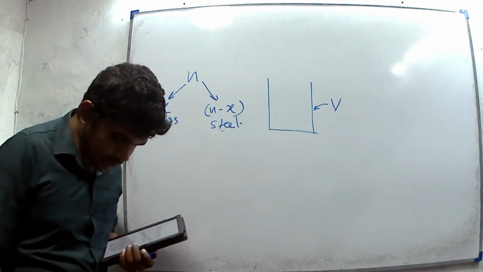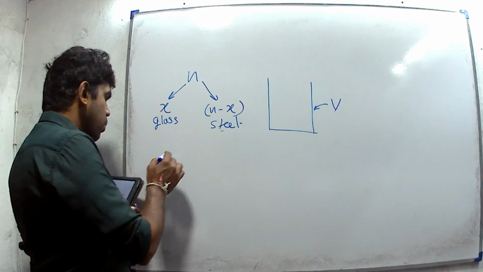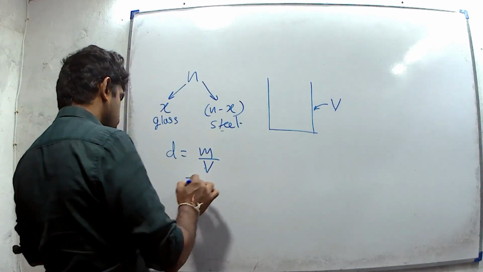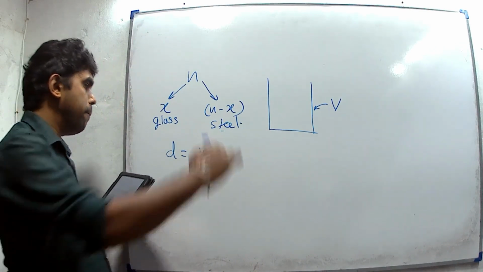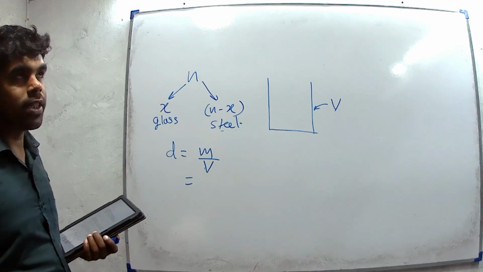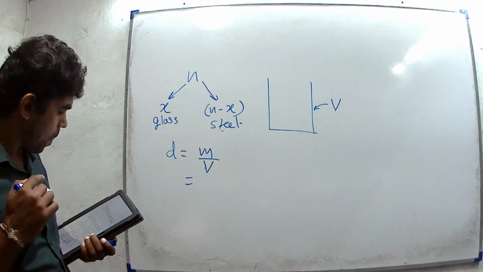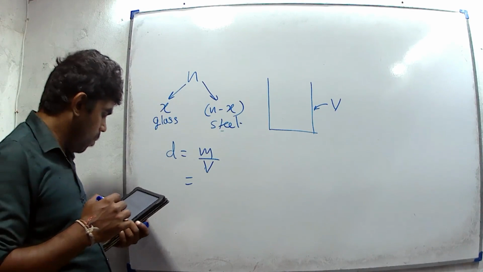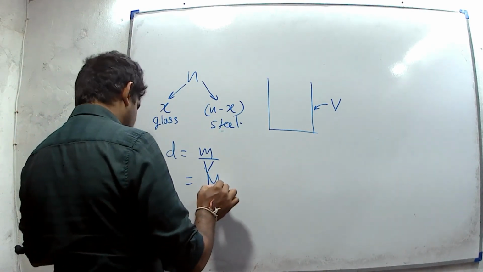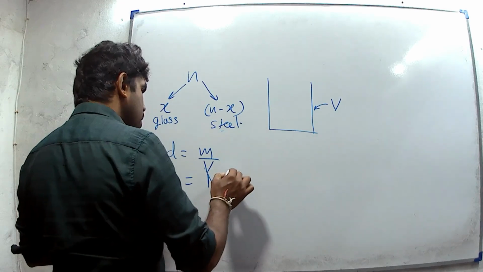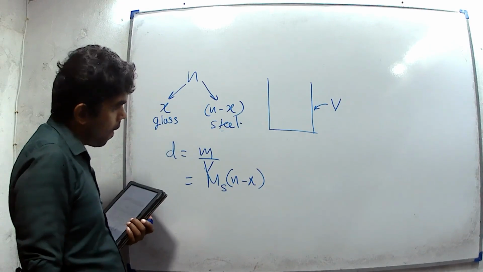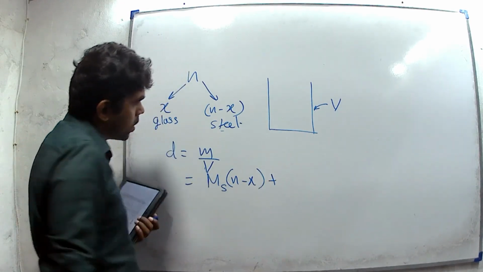Then we can get density equals mass divided by volume. Mass is given by three components of the system. First one is metal balls. We can get the mass of metal balls: mass of a steel ball Ms times the number of balls, n minus X. Second one is glass balls.